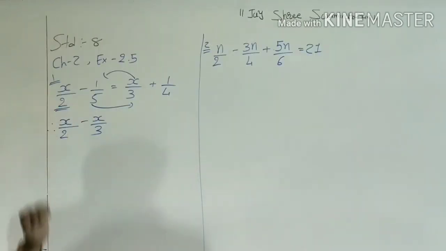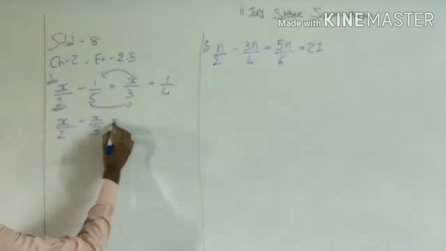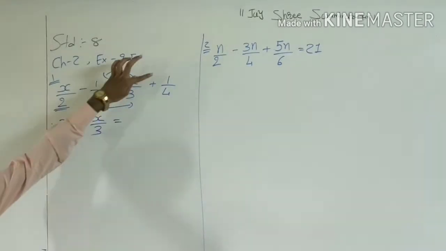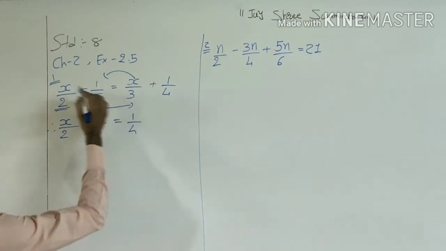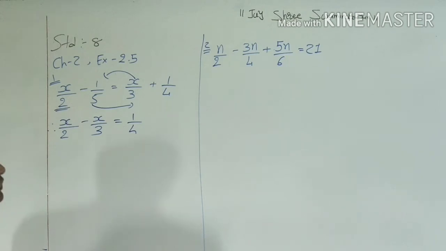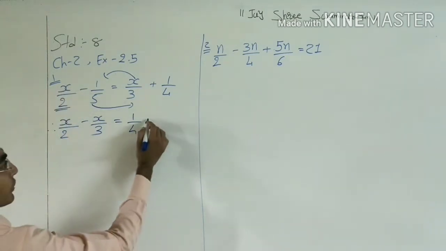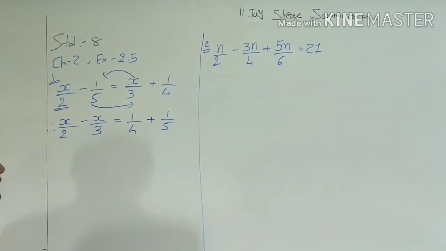So I need to transfer this minus 1 by 5 to the right hand side. So equals to, first of all, we have 1 by 4. If I transfer minus 1 by 5 to the right hand side, it becomes plus 1 by 5.